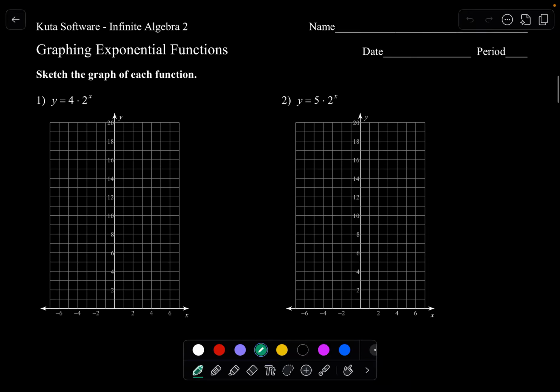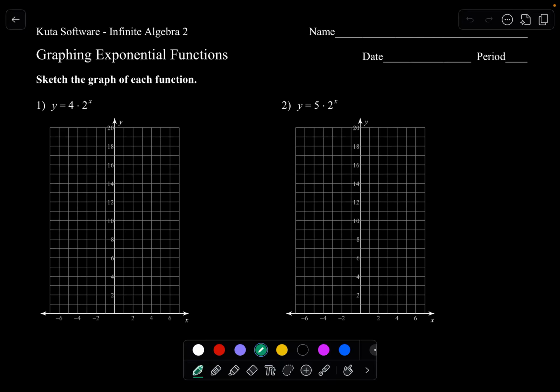Exponential functions are of the form y equals a times b to the x. That's your basic exponential function. All right, and the best way to graph these would be to make a table.